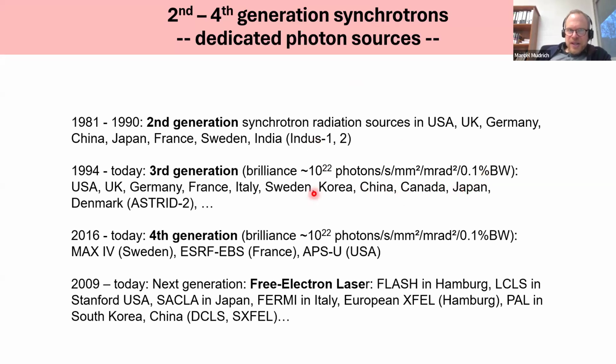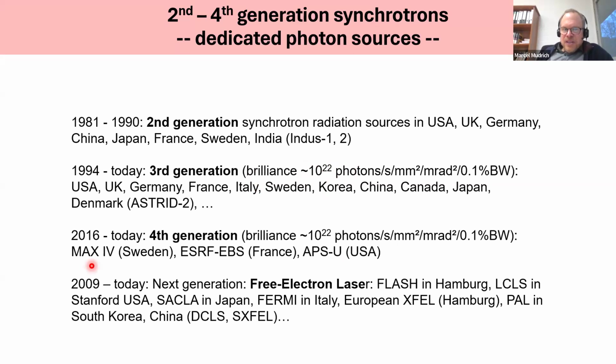And essentially, since then, the newer generation synchrotrons have always improved on this. Oh, this should actually be 10 to the 20, so it was 10 to the 20 photons per second in the third generation, and nowadays fourth generation is 10 to the 22 brilliance. And there are only a few of these fourth generation synchrotrons around.